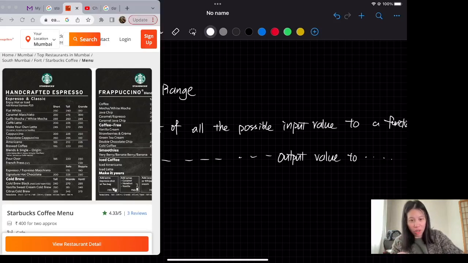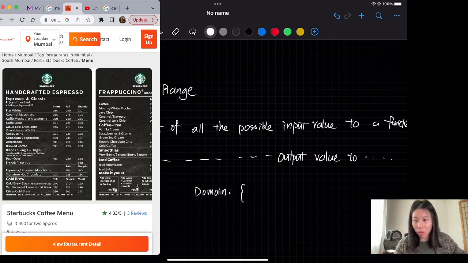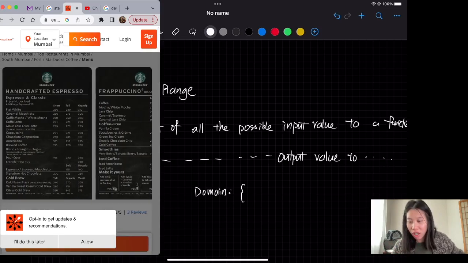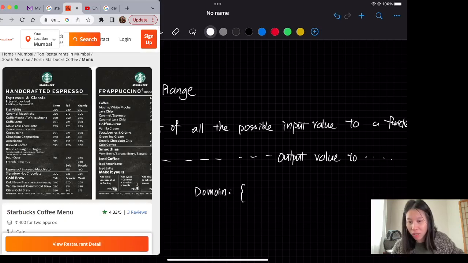So now let's go back to our Starbucks menu. When you look at the menu, what will be the input? The input is you order the drinks. So the domain of this Starbucks menu will be what? We have flat white, mocha chips, caramel mojitos, vanilla cream, coffee free, caramel espresso, caramel java chip, iced coffee, iced americano, and latte, iced latte.